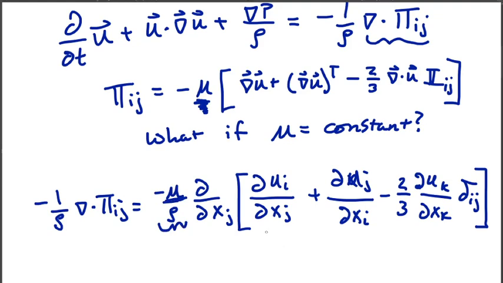I said before that our pi ij was symmetric. So this part is symmetric, and you can see that because you can take any of the i's and j's, and I could rewrite all my j's as i's and all my i's as j's. So let's just do that for fun. If I make this j, and I make this i, and I make this i, and I make this j, and I make this j, and I make this i, then my equation hasn't changed at all.